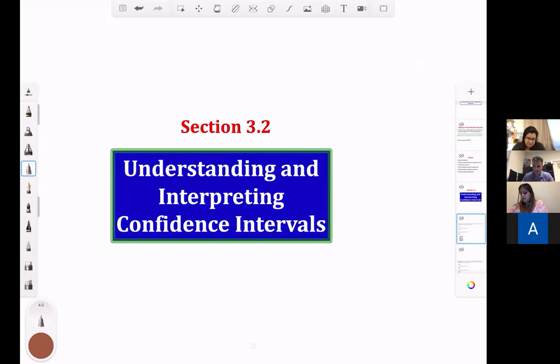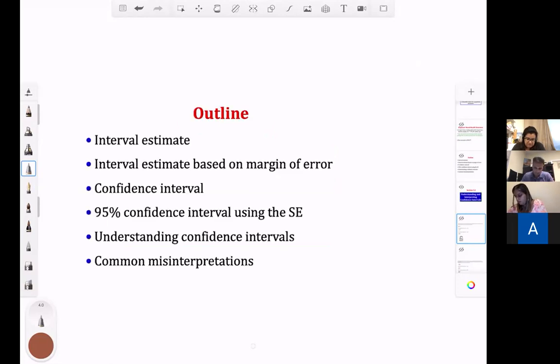So that's what we're going to find out. The outline of this section is interval estimate based on margin of error, confidence interval, 95% confidence interval using the standard error, understanding confidence interval, common misinterpretation. So basically, we are going to deal with confidence interval.